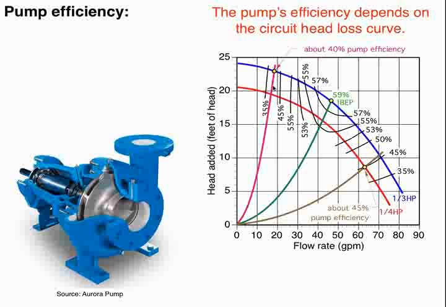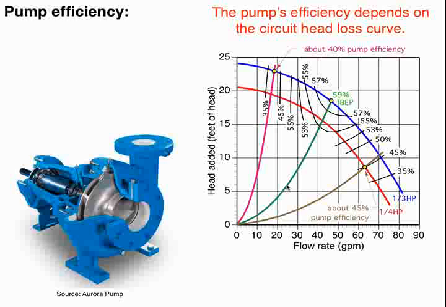Again, if our circuit head loss curve was very steep, we could be at this efficiency point here. If we had a different circuit with this kind of a curve, we would be at that efficiency. And let's see, we would be here at about 45%, looks like about 40% here.